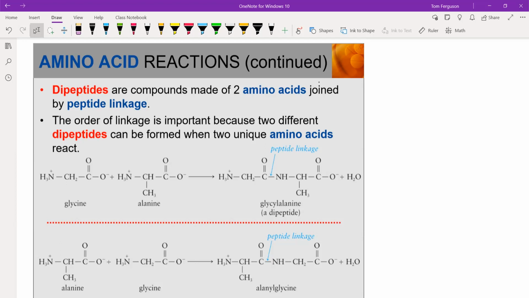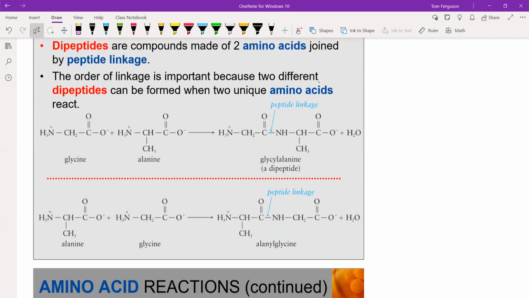Now, whenever we make a reaction of amino acids in a test tube, not enzymatically, you have a 50-50 chance of it hooking up like this. Like if we were mixing glycine and alanine together, the odds are 50-50 that you're going to get one of each: either the glycine is first or the glycine is second.